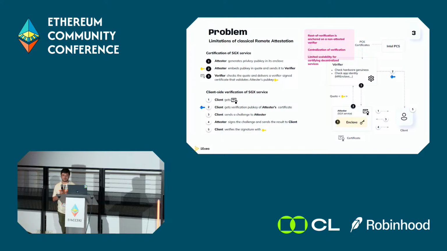We also have the fact that the verifier is actually a centralized entity, which means that if it crashes, then there is no means to attest new SGX services, and also we have a limited scalability for certifying decentralized services because we are relying on a single entity or a fixed number of verifiers.